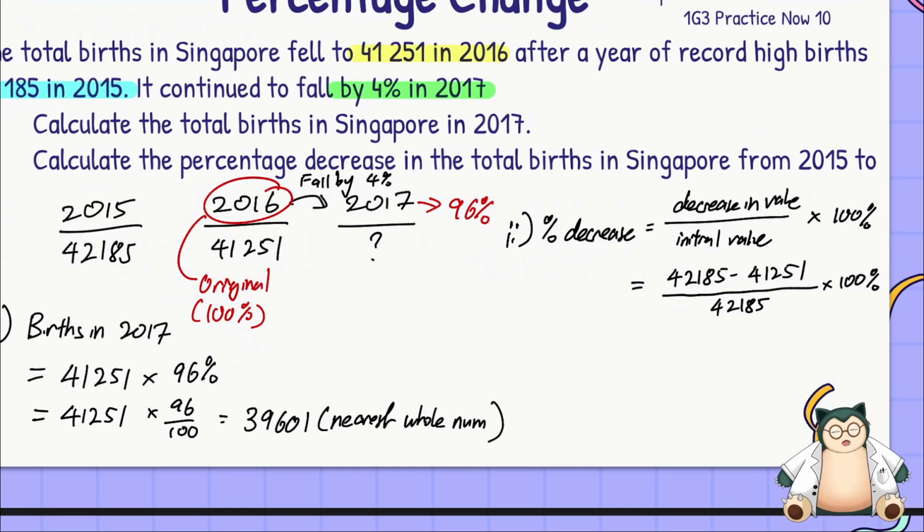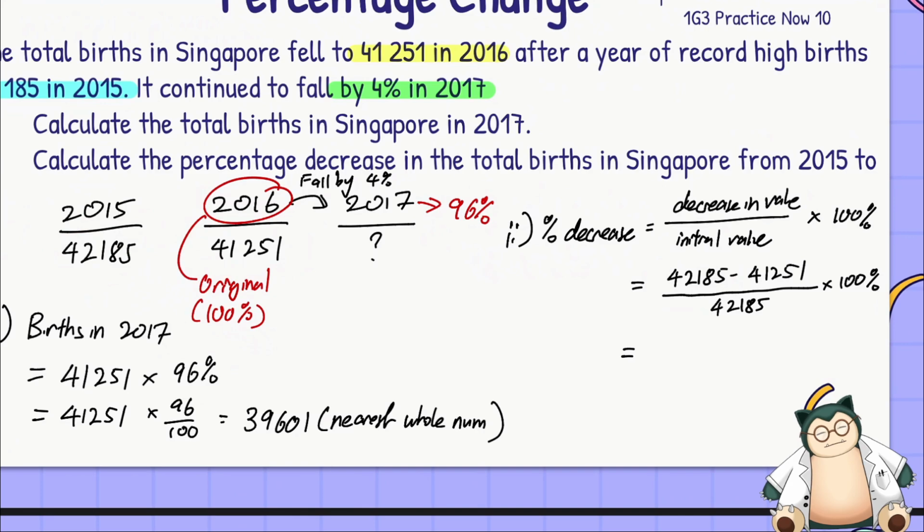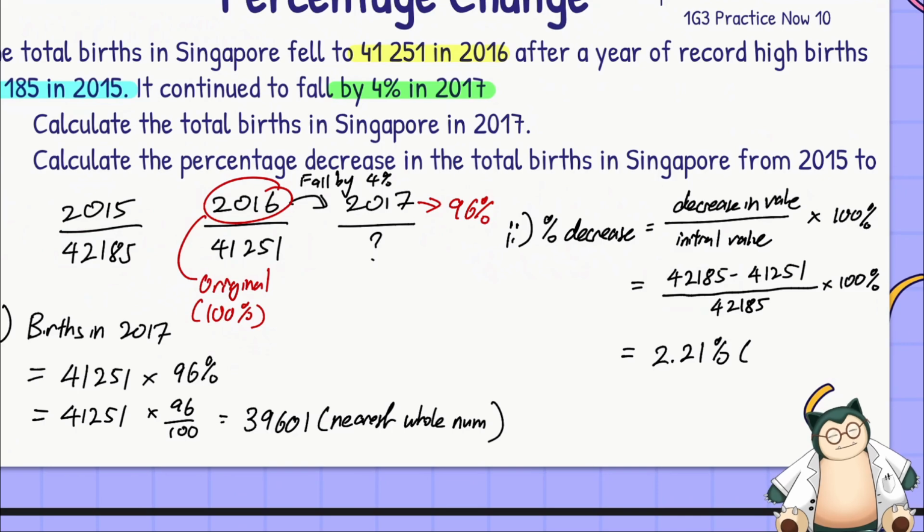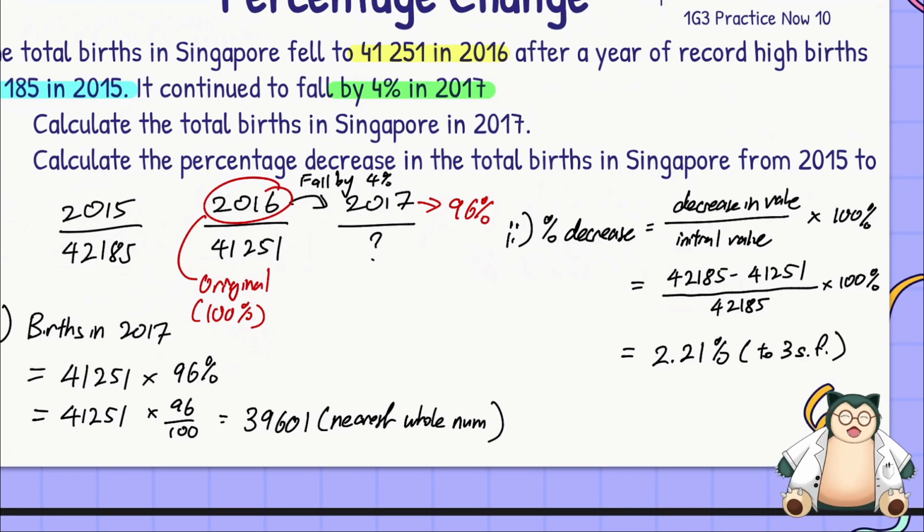So we use our calculator: 42,185 minus 41,251, divided by 42,185. This will give you a value of 2.21%, rounded off to 3 significant figures, since this is an inexact answer.